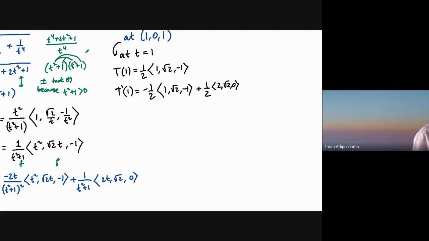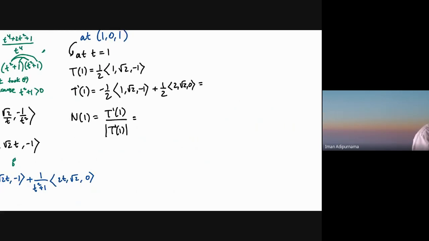Okay, now it's better. Finding the N, we can solve this.